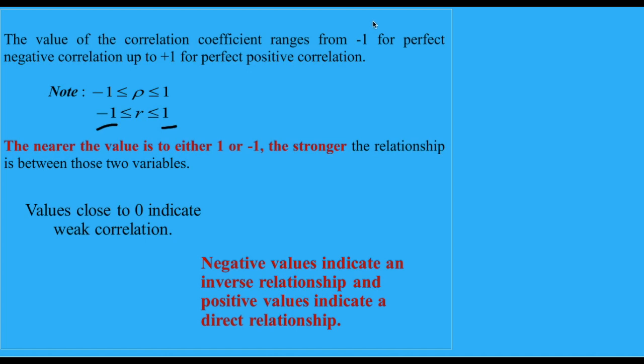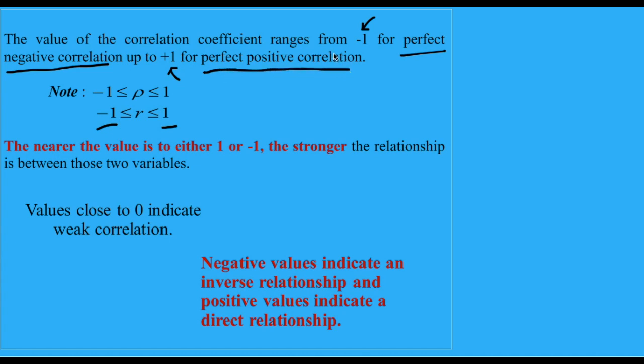When we have -1, this tells us it is a perfect negative correlation. And if we have +1, it tells us it is a perfect positive correlation.